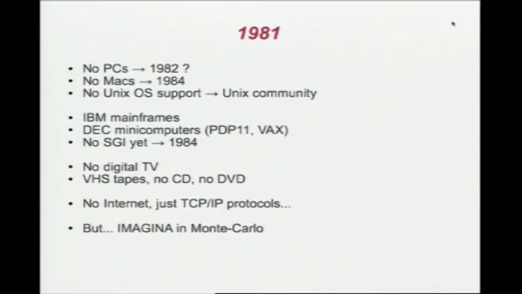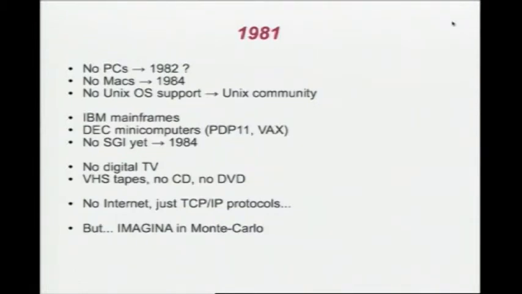This being said, there was a Unix community, obviously, which was mainly American and Australian, and it was possible to start, as we experienced. So the computer world was mainly about IBM mainframes and minicomputers.